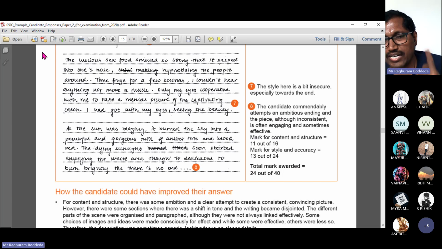Previously they were talking about the ambience around the beach, then the building and its symmetry, and now the food. But you need to link them, as Mayur said about the sudden changes. Without sudden changes, you definitely need to make some sort of streamline to link one para to another.